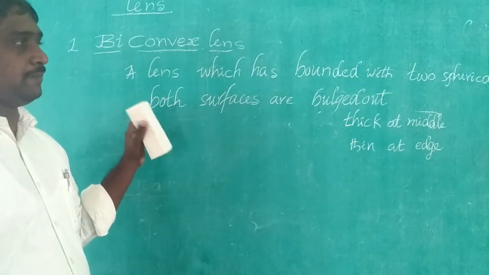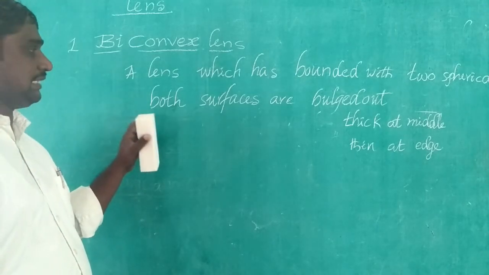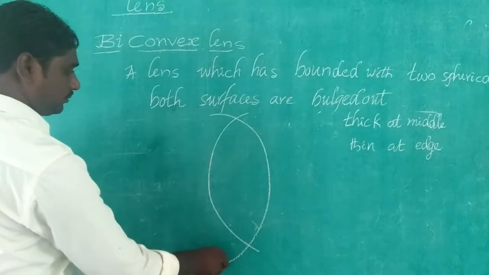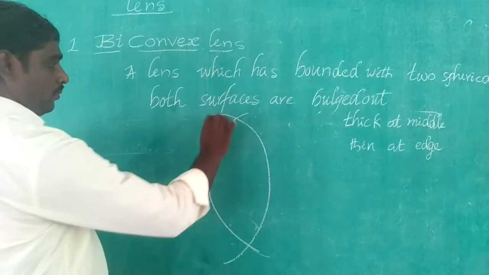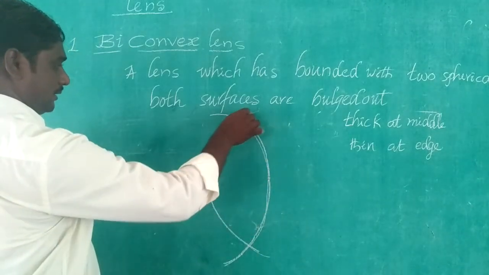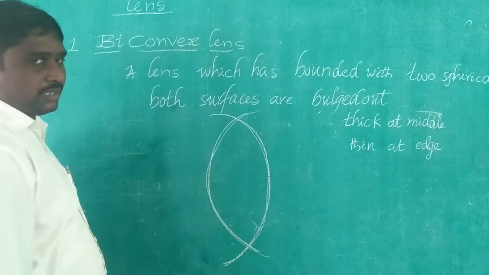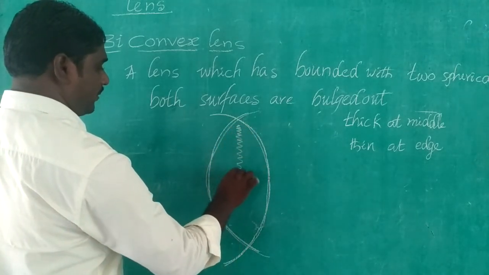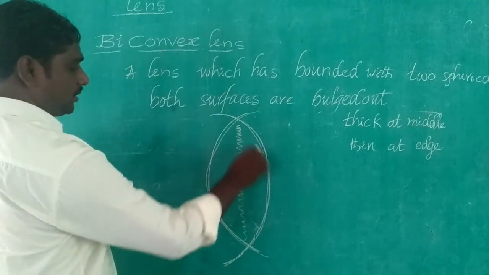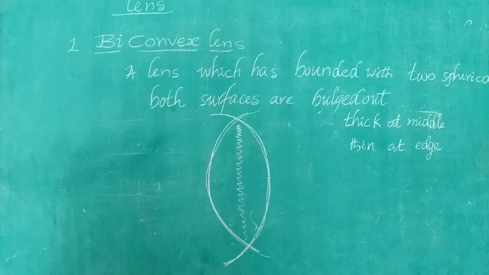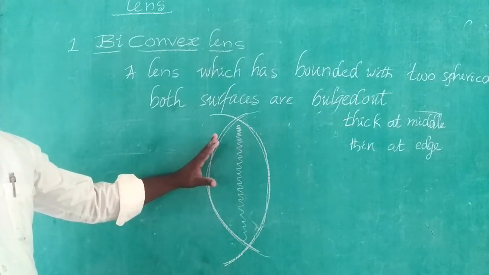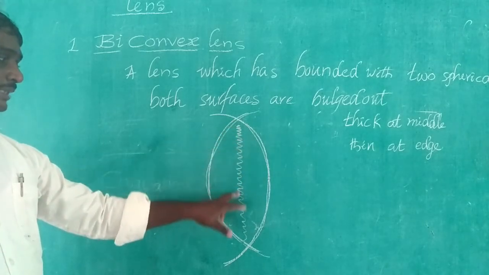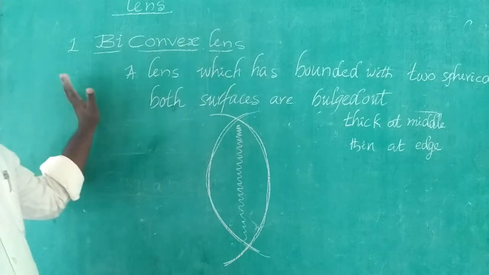And the lens which is bounded with two spherical surfaces, both bulged out, is a biconvex lens, because this is one curved surface and this is another curved surface. The middle part is thick and the edges are thin. This lens is said to be a convex lens.